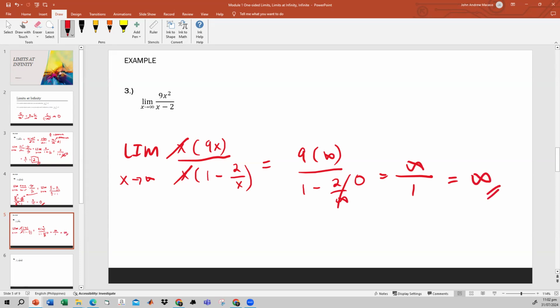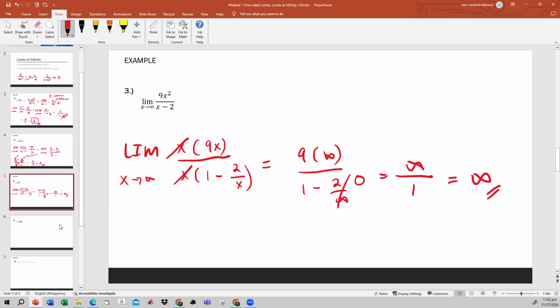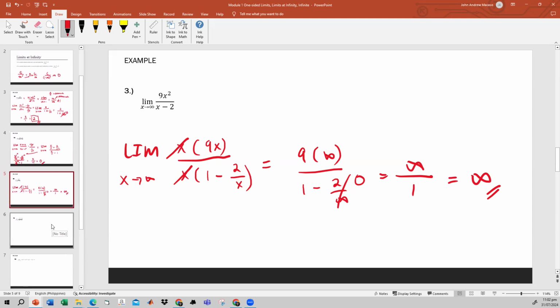So that's how we do it if the highest degree is located on the numerator. But again, if the numerator and denominator have the highest degree, then you need to do the first thing that we did. Okay? So I hope we're all clear.